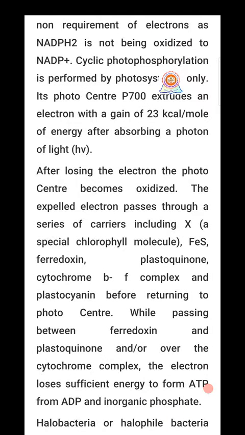The expelled electron passes through a series of carriers, including a special chlorophyll molecule, FeS, ferredoxin, plastoquinone, cytochrome b6f complex, and plastocyanin, before returning to the photocenter.